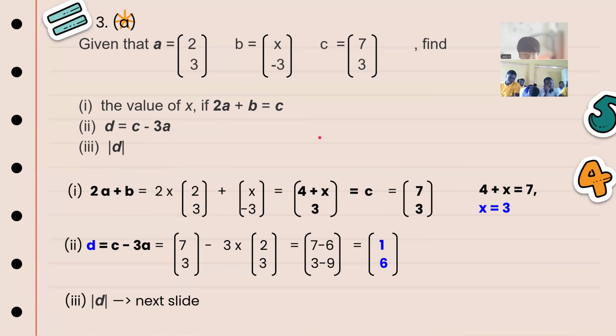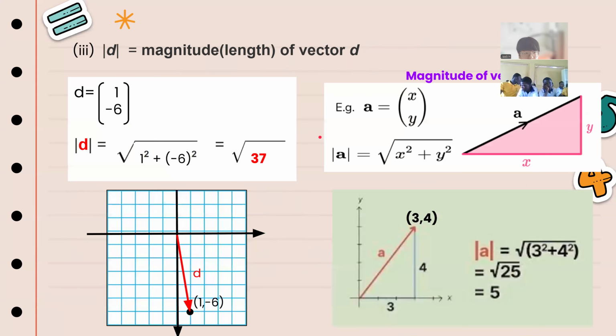Let's see on the next slide. This form is called the magnitude of the vector d. So we had d is (1, -6). Remember?